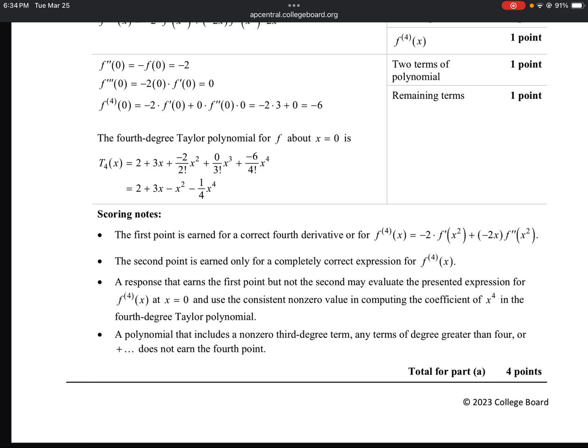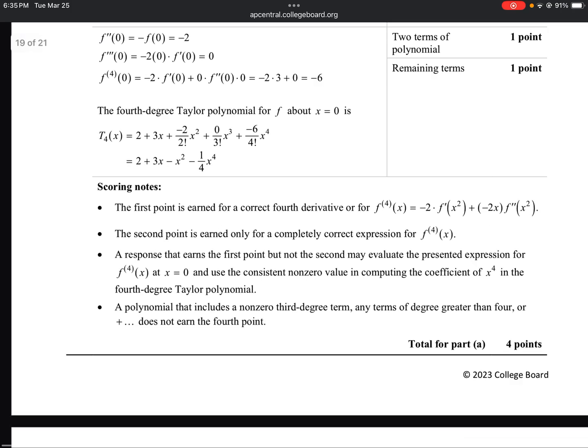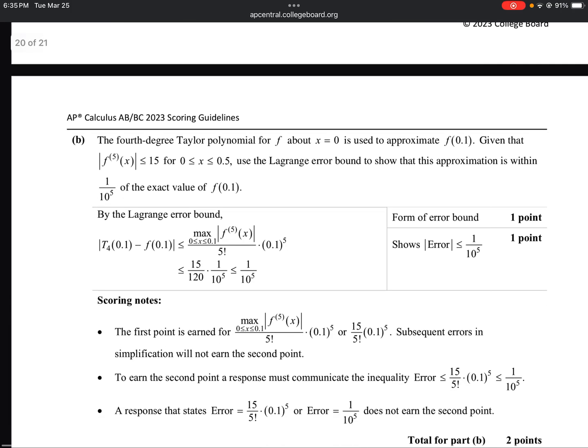Evaluate the presented expression at x equals 0 and use the consistent non-zero value in computing the coefficient of x to the 4th, and I don't know what that's saying, honestly. I don't care. I got it right. A polynomial that includes a non-zero third degree term, any term of degree greater than 4, does not earn the 4th point.